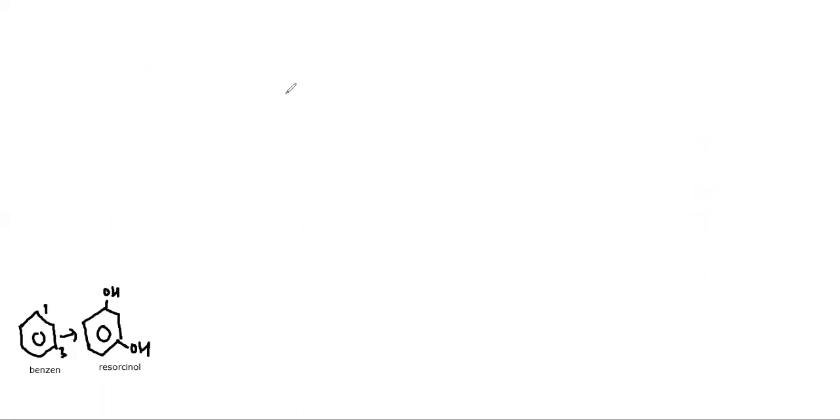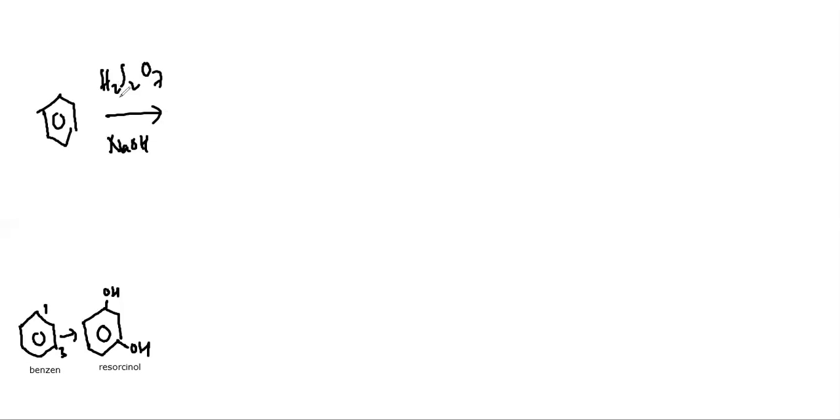So here I have a benzene, and of course I always start with H2S2O7 because I need to donate oxygen, or later I will have a salt. And then the other one I need to add is NaOH. So OH will be attached at carbon number 1 and carbon number 3.